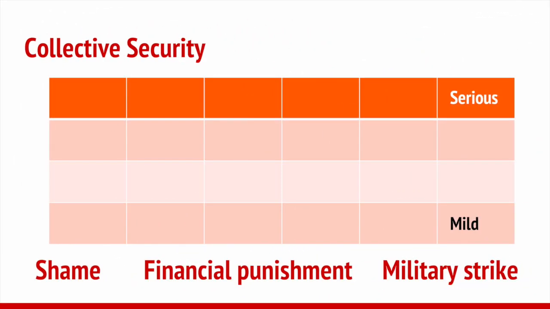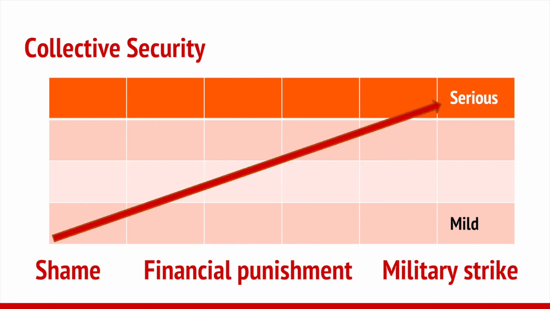Perhaps this goes without saying, but think of collective security as a scale in which shame is a very mild way of punishing a country, financial punishment is harsher, and a military strike would be the most serious. Those are the three ways in which the League of Nations has to bring other nations back to the table and restore peace.